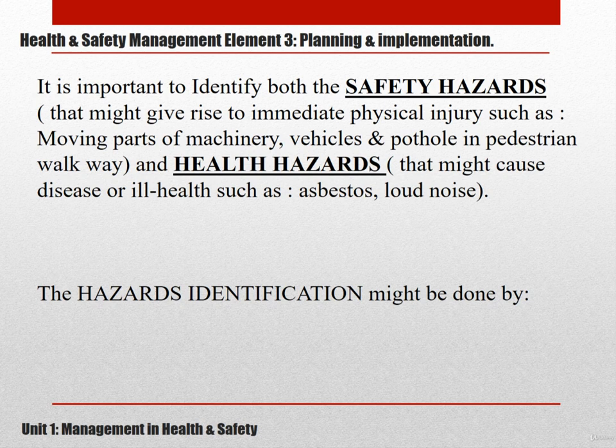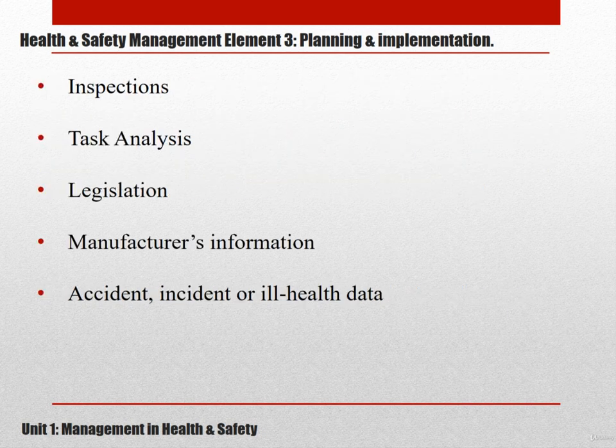There are various methods that might be used to identify hazards in a workplace. For example, inspections. The formal inspection can reveal the various hazards that are present and need to be considered in the risk assessments. Also, task analysis.